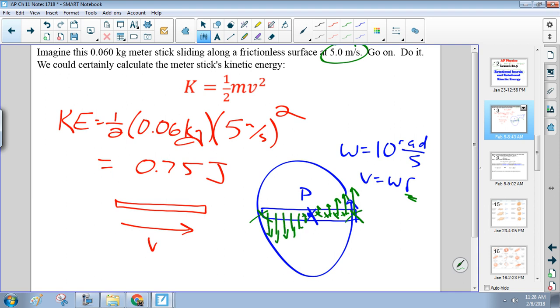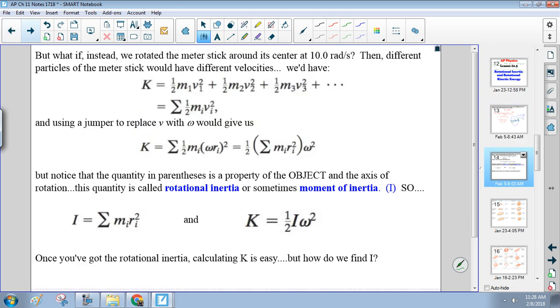If we imagine a nearly infinite number of particles stretched along the length of the meter stick, we'd have to sum up 1/2 mv squared for each of the individual molecules or electrons or protons along its length. It would be a nearly infinite sum.